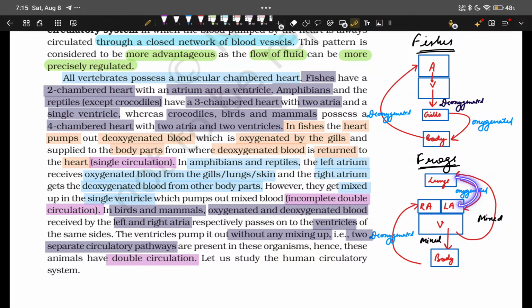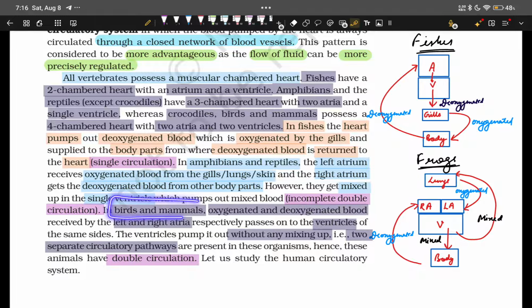Oxygenated blood is received by the left atrium, and deoxygenated blood by the right atrium. Both are mixed in the ventricle, and this mixed blood is passed to the whole body, like lungs and other body parts. Again the lungs oxygenate it and give oxygenated blood to the left atrium, and the body produces carbon dioxide, deoxygenates the blood and gives it to the right atrium.